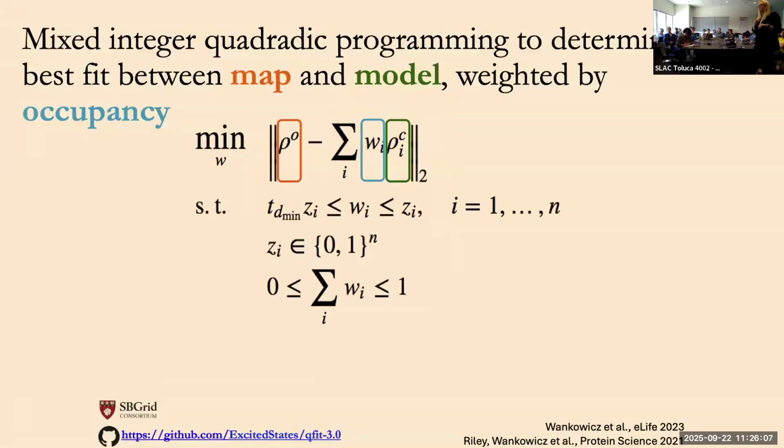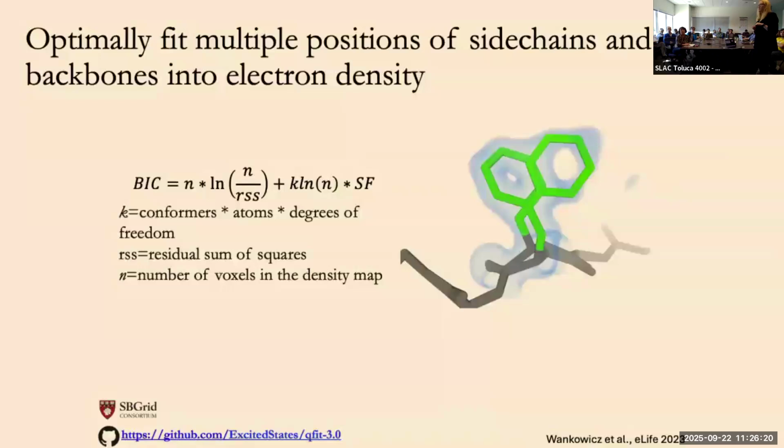We also put different constraints on this problem to make sure that we're fitting to what we believe is real density. And then we also use a Bayesian information criterion to fit multiple of these positions of side chains into the electron density.